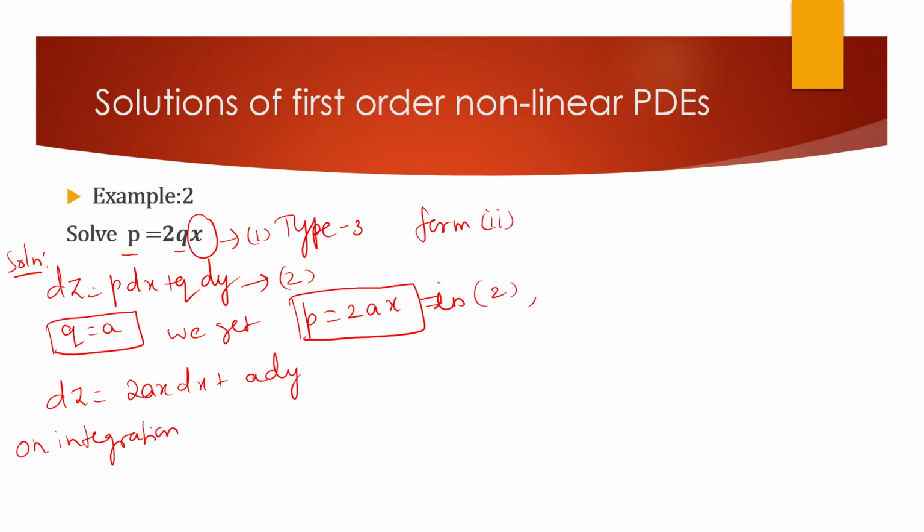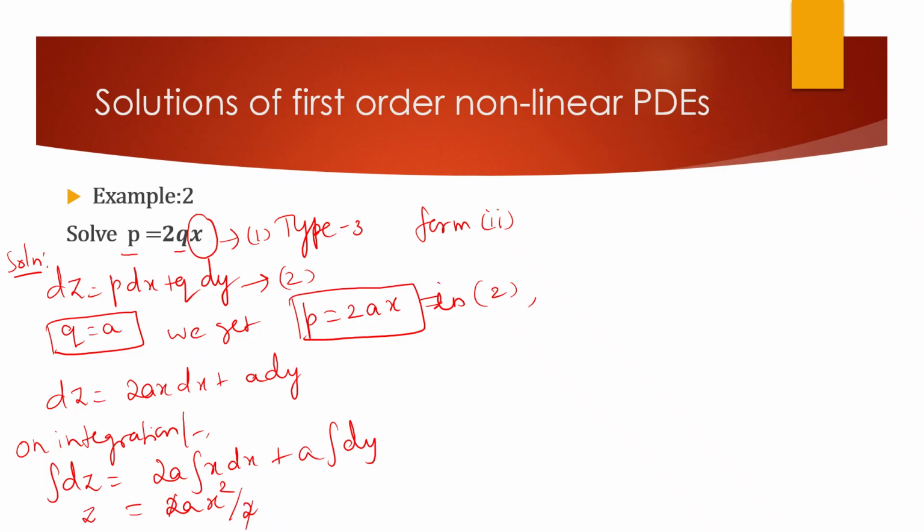On integration, on the left hand side it is integral dz, and on the right hand side it is 2a into integral x dx plus a into integral dy. So on integration we get, on the left hand side z, and on the right hand side 2a x square by 2.